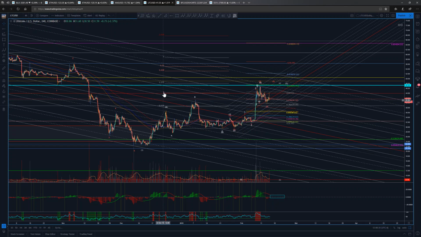Our 1.272 is roughly in that area as well.